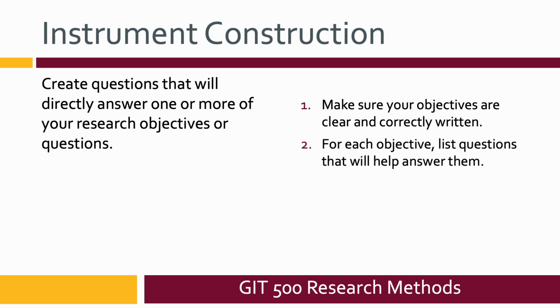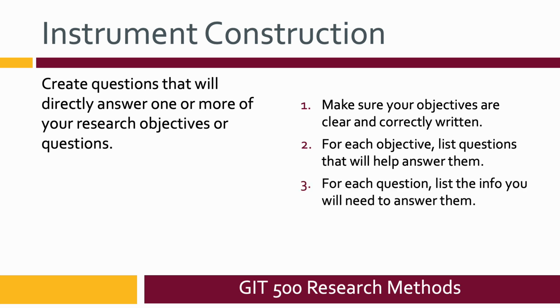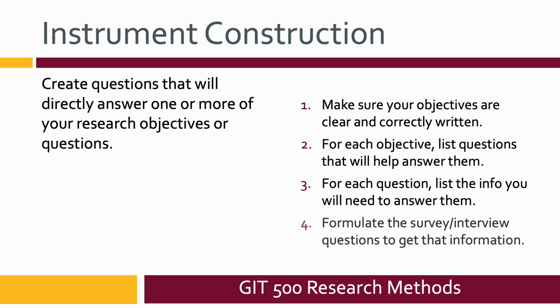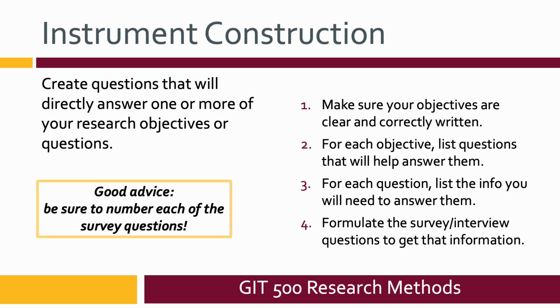For each objective, you can write down a list of questions that will help answer them. And then for each of those questions, list the information that you'll need to be able to answer those questions. And then this is when you'll formulate the survey or interview questions to get that information that you need to answer your research questions.